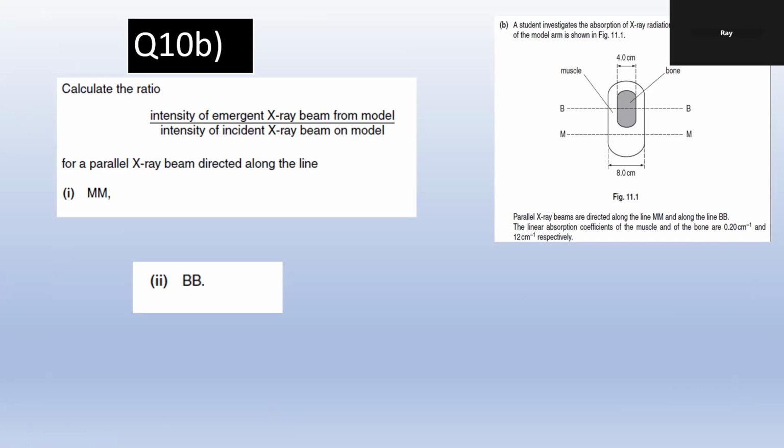Can you get the answer? Use this formula: I over I naught. So mu is 0.2 for muscle, and this is the thickness. Try for BB. Same formula, that's all. That's why be careful with your x and mu, that's all.